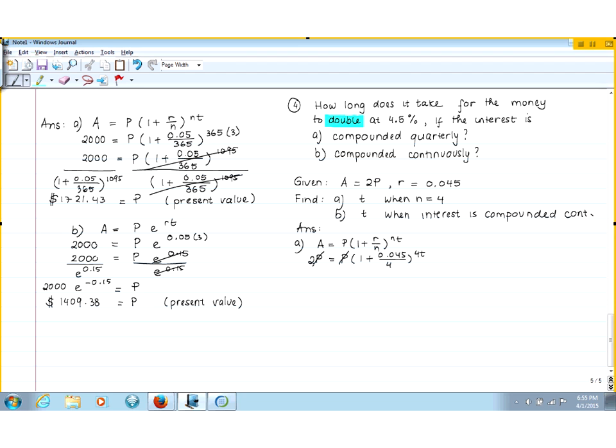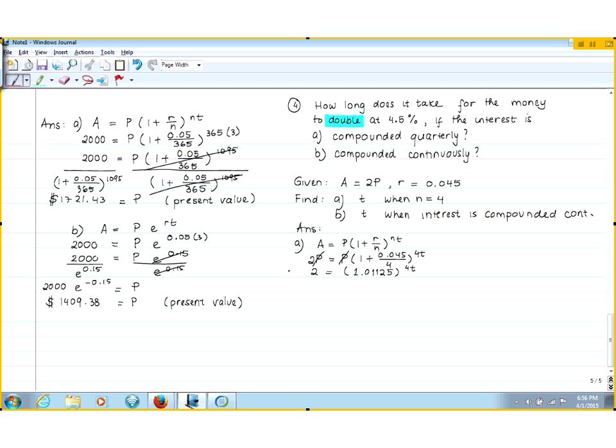The P cancels. So 2 is equal to 1 plus 0.045 divided by 4, which is 1.01125, raised to the 4t. This is an exponential equation, so we could take logs or ln of both sides. It doesn't matter.